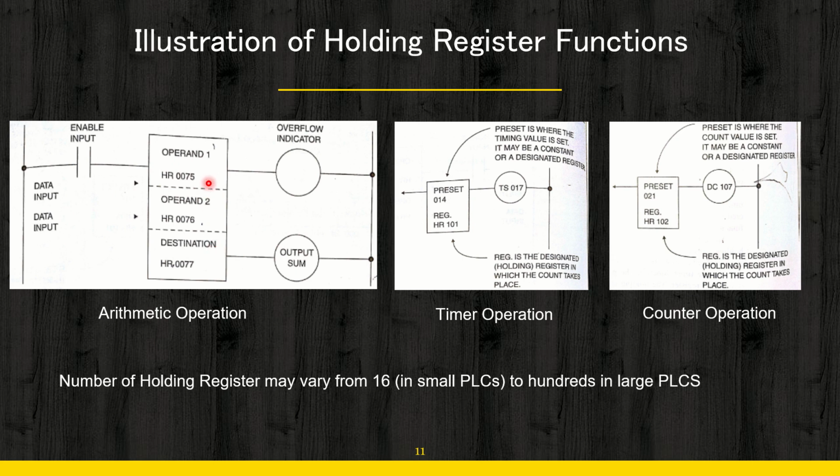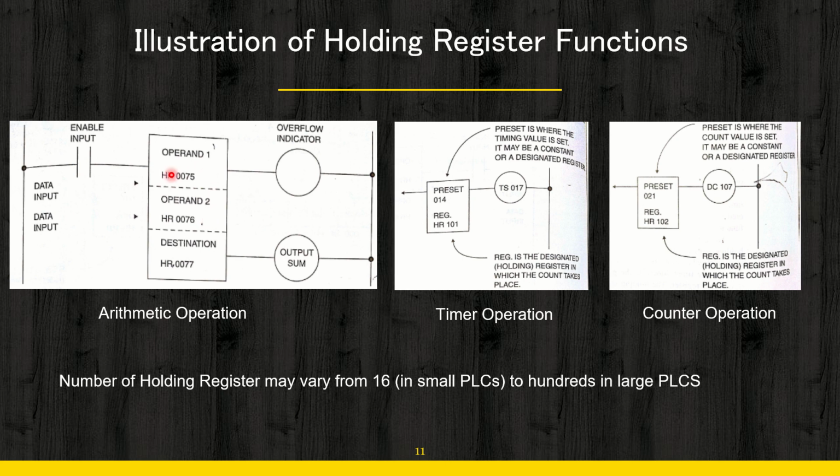You can find that operand 1, whatever data 1 we can say, or this is data 2 we can say. This data 1 is going to the holding register whose address is 0075, and this particular data, which we can call data 2, will be going to holding register 0076.